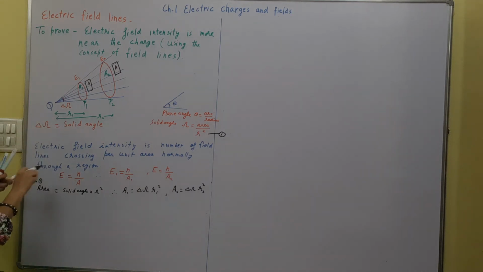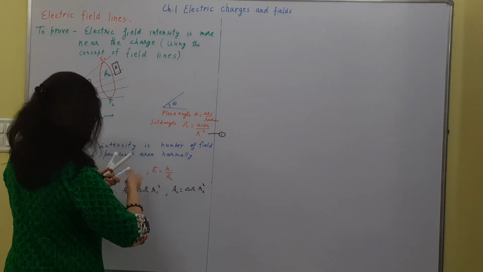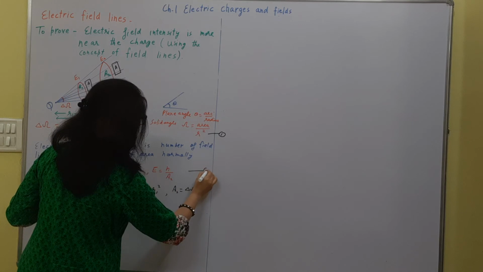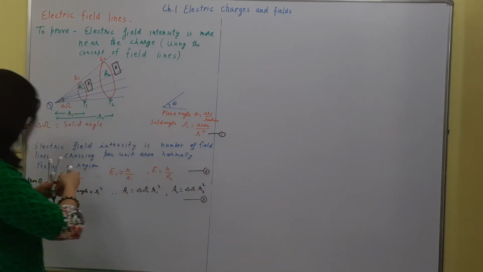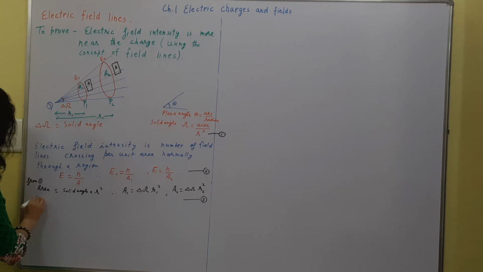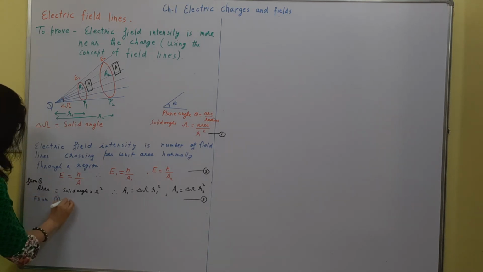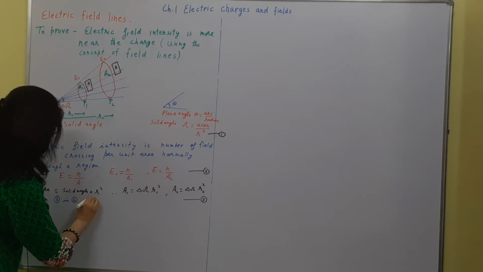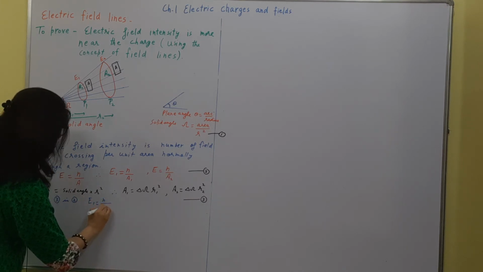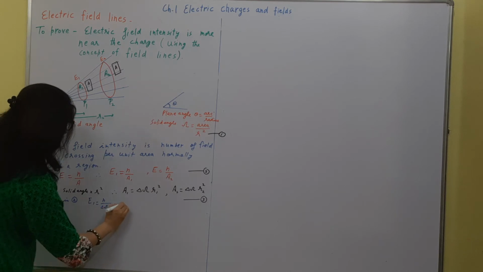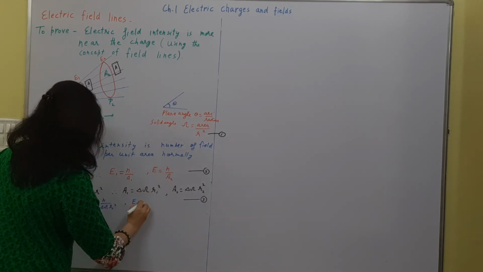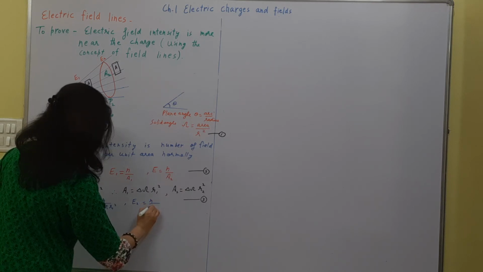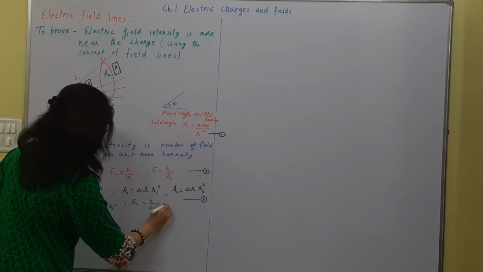Now from here, from 3 into, right, we can write E1 is equal to n upon delta omega r1 square and E2 is equal to n upon delta omega r2 square.